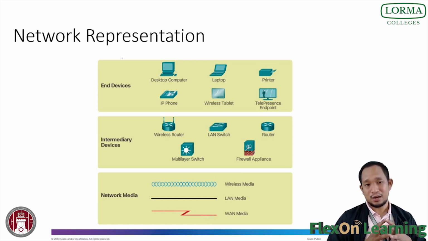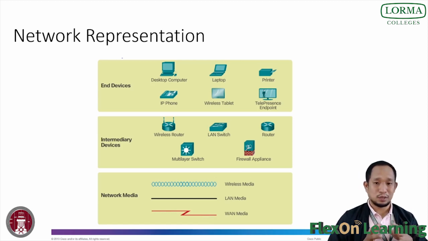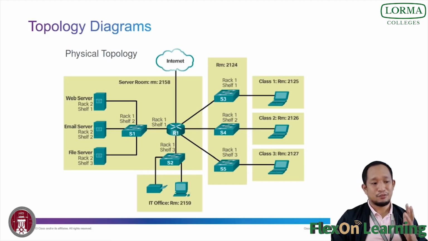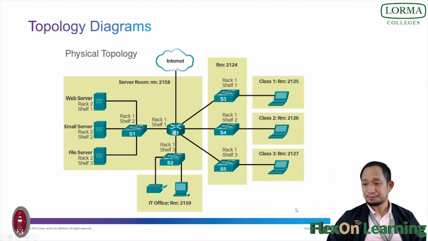Another part of this discussion is the two topologies. We have physical and logical topology. So what are these two? In physical topologies, you can see it has a specific place. Meaning, if you go to the web server, it declares where the server is, on rack 2, shelf 1.